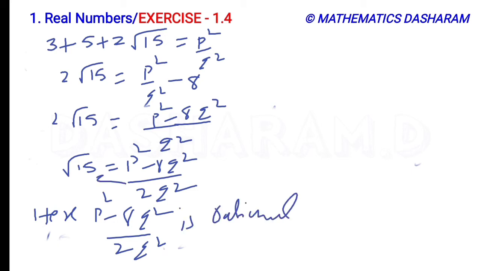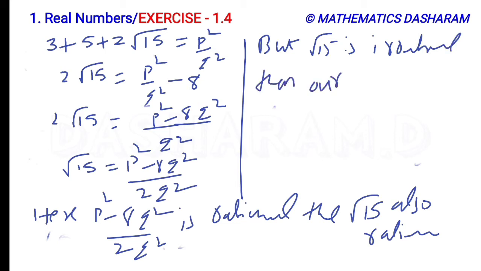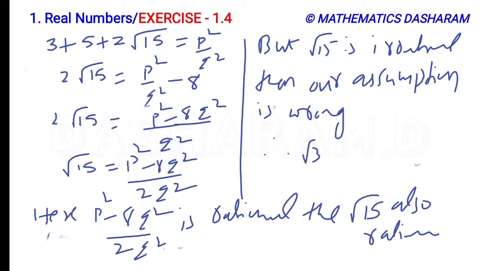But this answer equals what? Root 15. So then root 15 is also a rational number. But we know that root 15 is an irrational number. So then our assumption is wrong. Therefore root 3 plus root 5 is an irrational number.